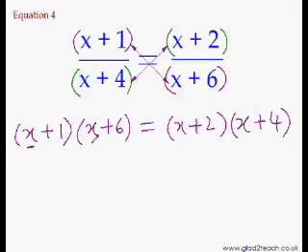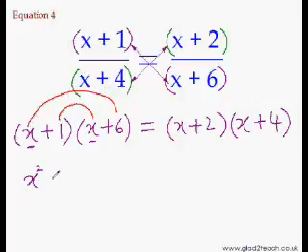Multiply the first term with the first term to get the first term of the answer. The middle term is always rainbow. So x plus 6x would be 7x. And to get the last term, we simply multiply the last term with the last term. 1 times 6 is 6.